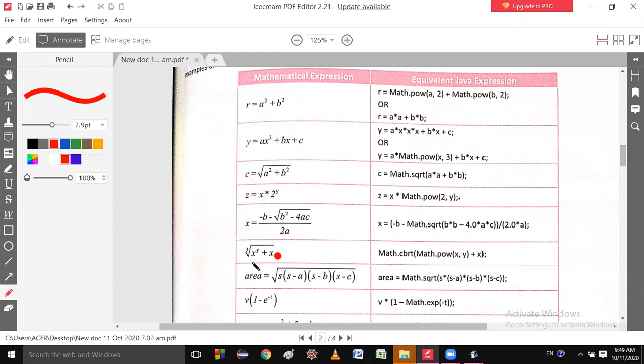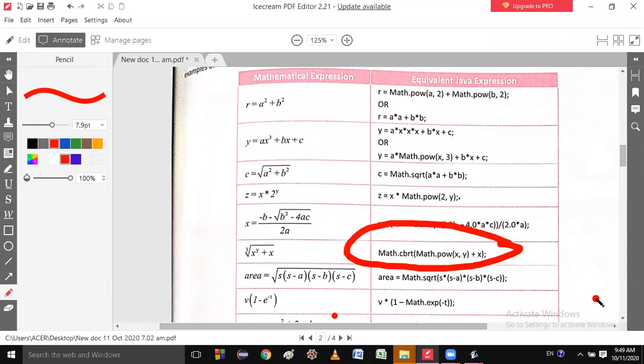Yes. And how will you write this one? Math dot cbrt, then again a bracket, you will write Math dot pow x comma y plus x. You just see here. Yes, yes.